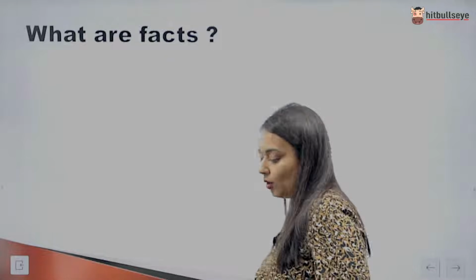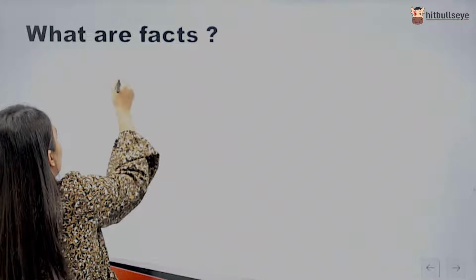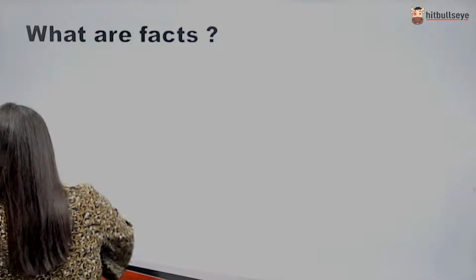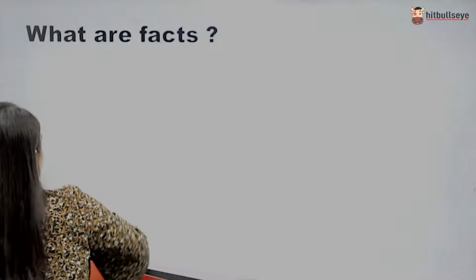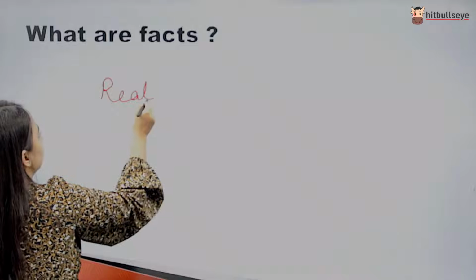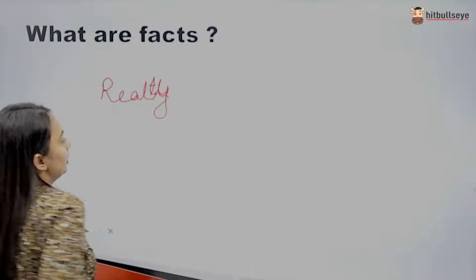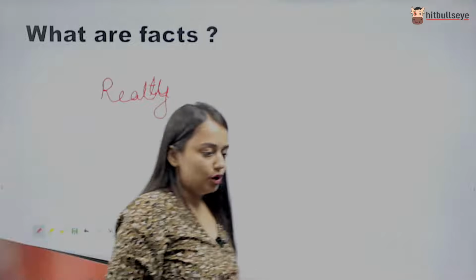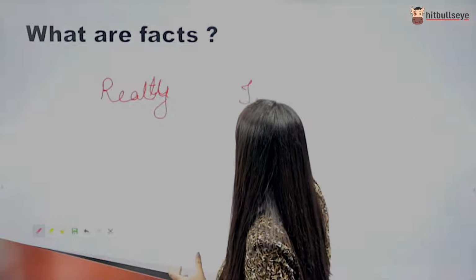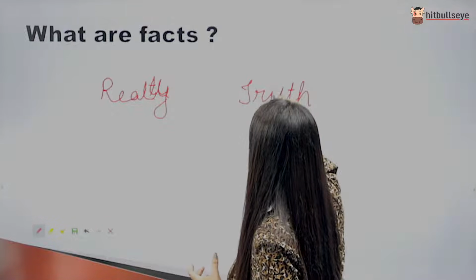Okay, so first of all, what are facts? We know that facts are actual realities. Let me select the pen. So facts are reality. But you need to keep in mind that it's nowhere near the same as truth. People often confuse truth and facts.